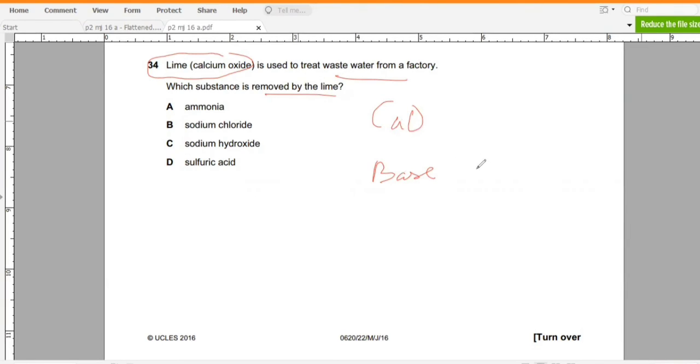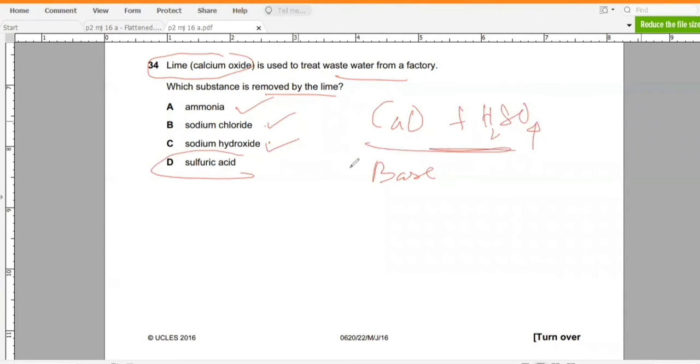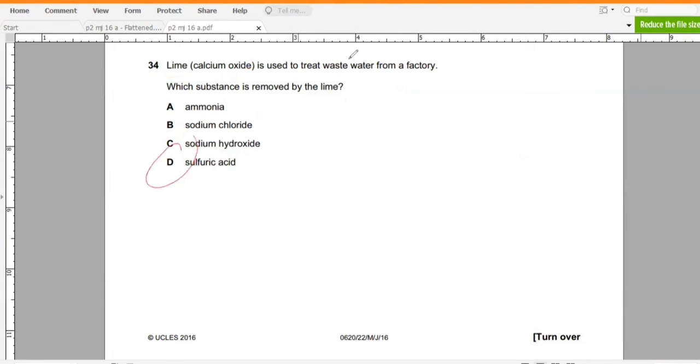This lime can be removed by means of an acid only. Ammonia is a base, sodium hydroxide is a base, and chloride is a salt. So basically we use an acid, H2SO4, so that it can be removed. An acid-base reaction takes place. Okay, so the answer will be option D.